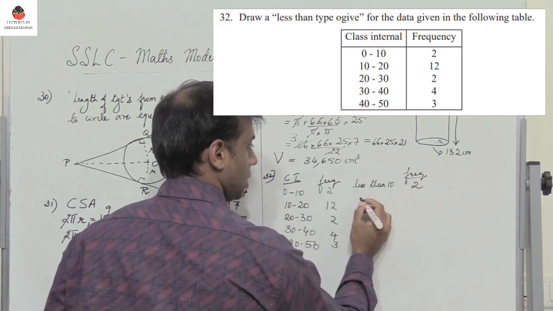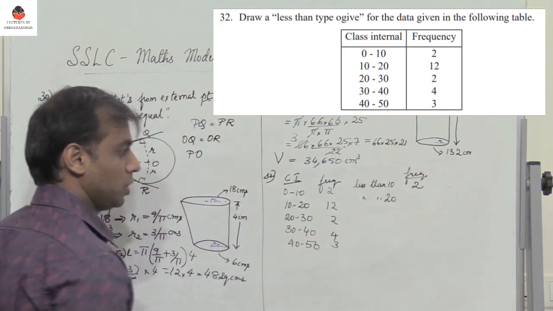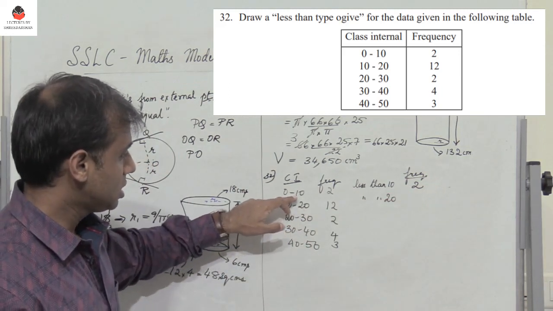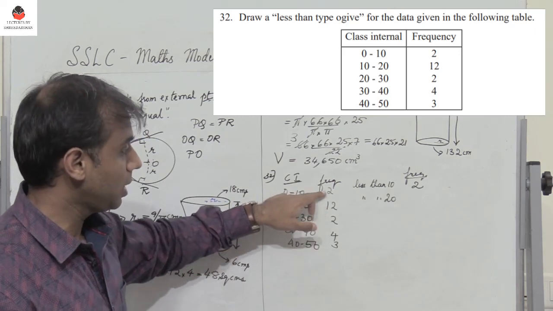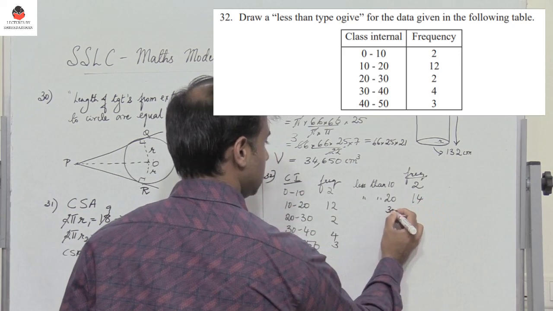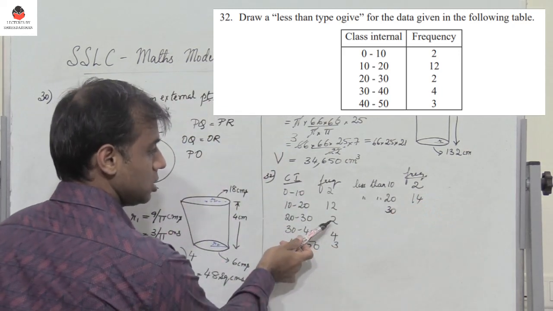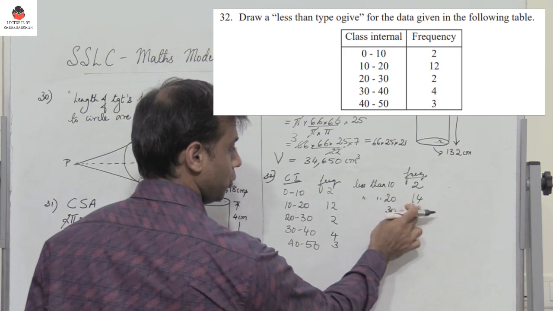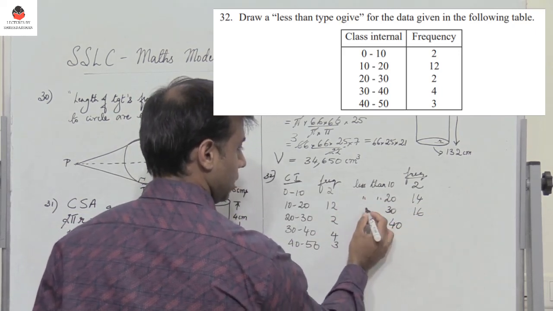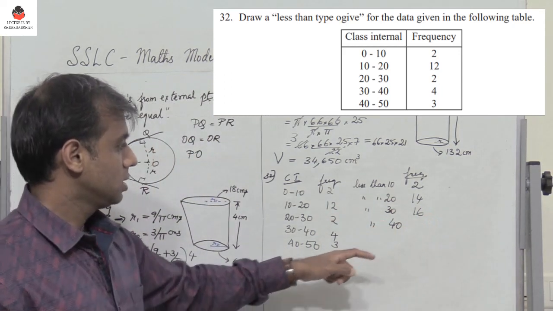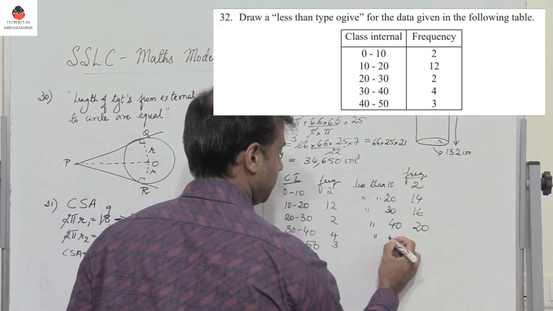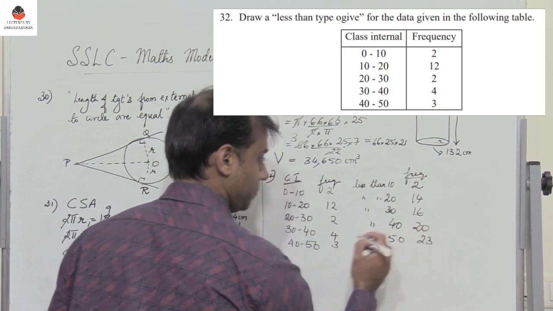It is 2. If it is less than 20, it means that it is less than 10 also, so it is 12 plus 2, so it will be 14. Less than 30 will give me 14 plus 2, 16. Less than 40 is going to be 16 plus 4, which is 20. And less than 50 is going to give me 23.